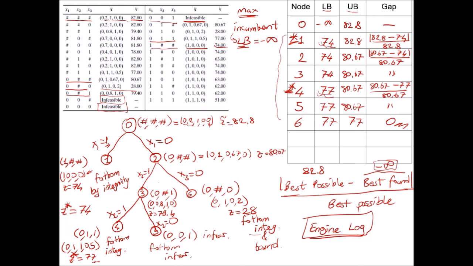The optimum solution is the last incumbent value that you found, okay, which is this one. So it means that we found the optimum solution in node number 4. And when you look at node number 4, the optimum solution integer decision variable values and the objective function value is given. The objective function is this one. You can find it in your table, and the values of the decision variables, you can find it here.